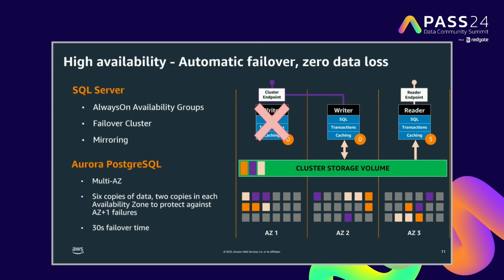And as I mentioned earlier, if there is any issue with the existing writer, it picks one of the readers and makes it the new writer. And auto healing. Auto healing means these are all the storage nodes, and if there is any issue with any of the storage nodes, then it auto heals by copying the data from the neighbor nodes.